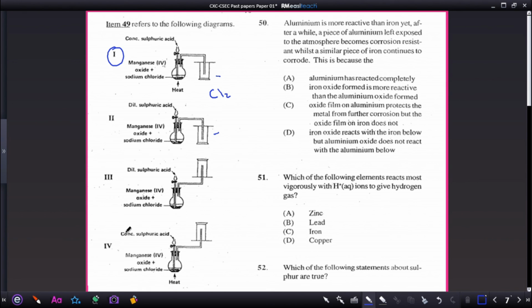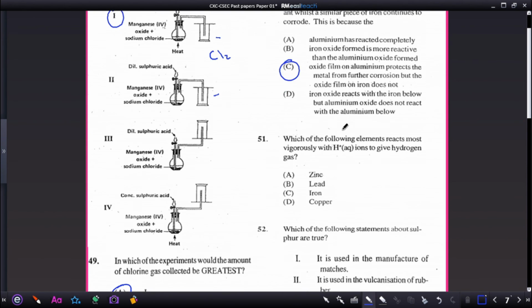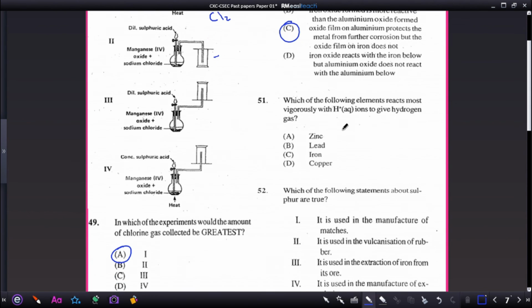Or C, oxide film of aluminum protects the metal from further corrosion, but the oxide film of iron does not. And D, iron oxide reacts with the iron below, but aluminum oxide does not react with the aluminum below. The answer is C. Aluminum oxide is the coating that protects the metal, while iron oxide continuously eats away the metal.